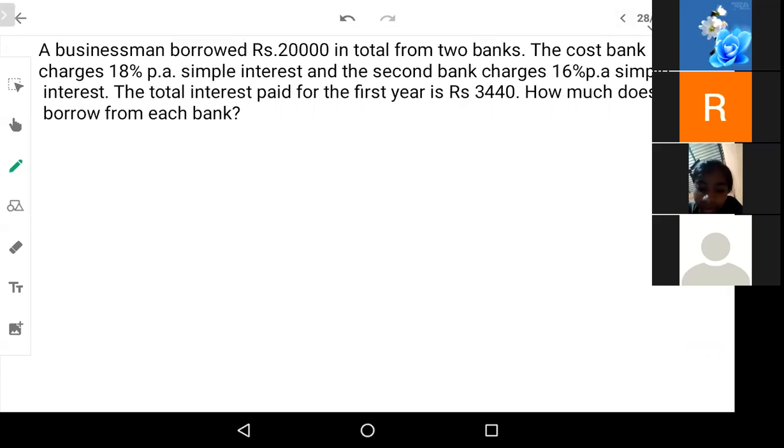Okay. Now, the next type of question: a businessman borrowed 20,000 in total from two banks. So, one person is borrowing 20,000 from two banks.